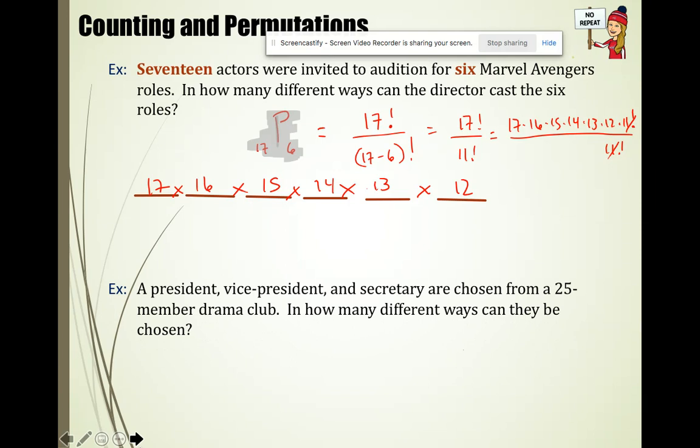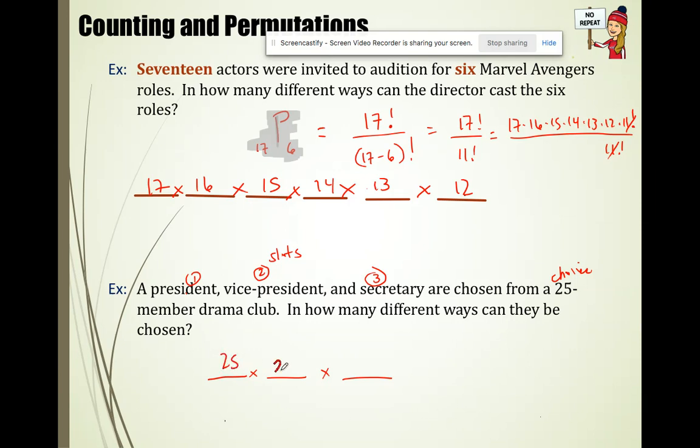How about this? A president, vice president, and secretary are chosen from a 25-member drama club. How many different ways can they be chosen? Once I choose the president, that person can't be the vice president. So I have 3 slots, and I'm choosing from 25.